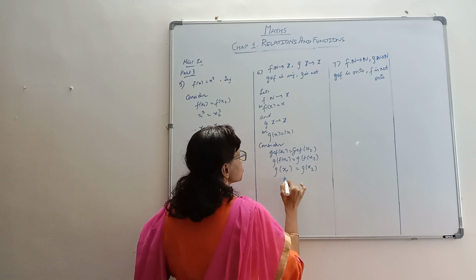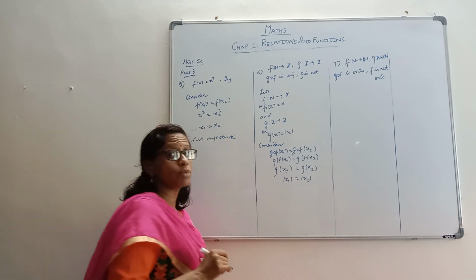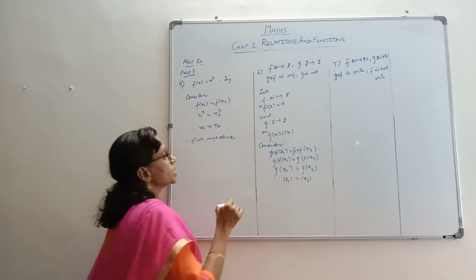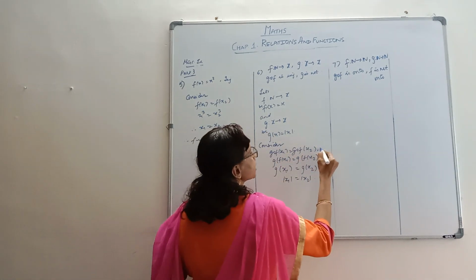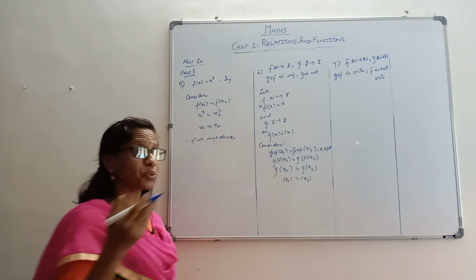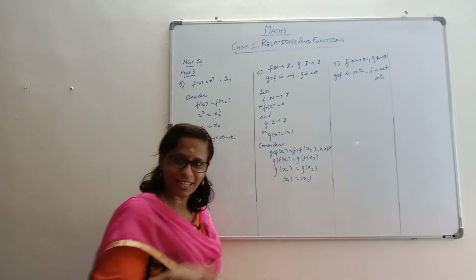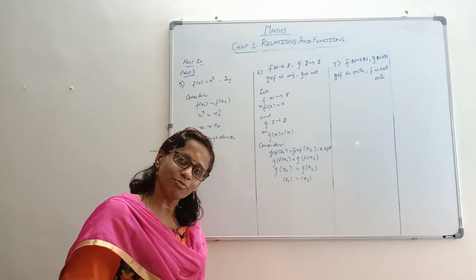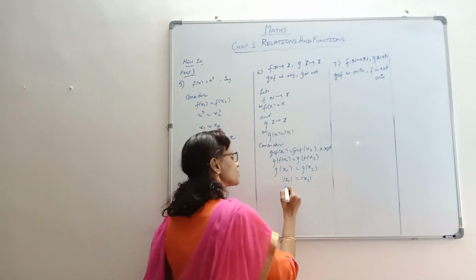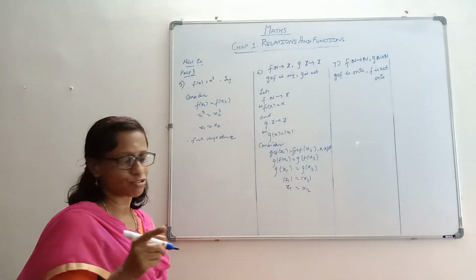By definition, that is modulus of x1 equal to modulus of x2. We have to see what x1 and x2 are. Since we started from f, x1 and x2 belong to natural numbers, so they start from 1, 2 and so on. So modulus of x1 and x2 are natural numbers, obviously positive. So modulus of x1 is x1 and modulus of x2 is x2, because we started from natural numbers.